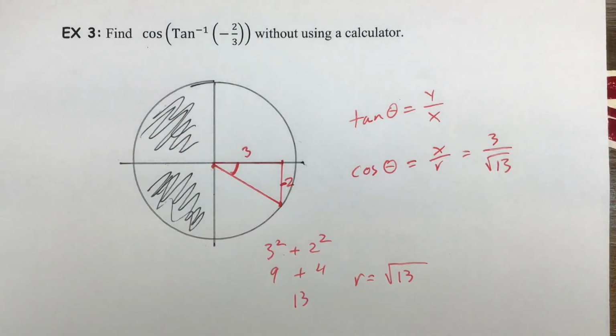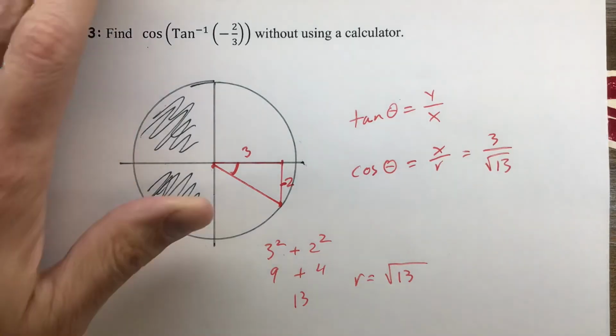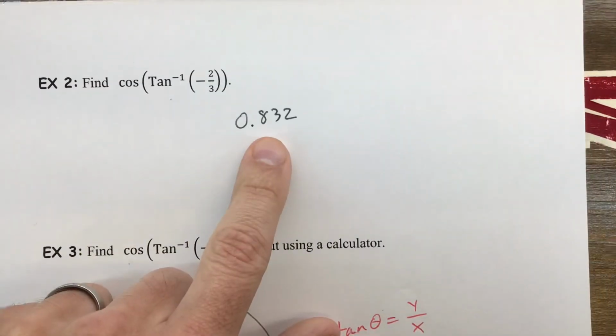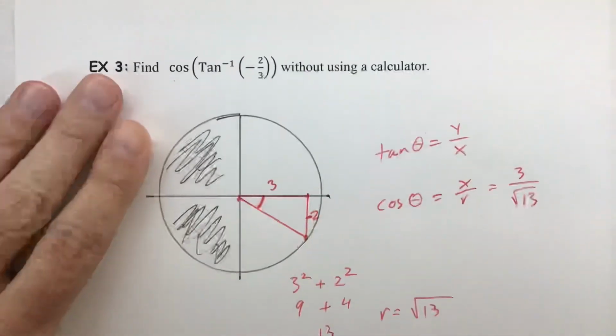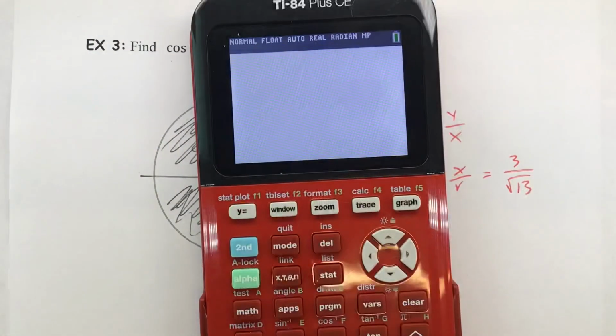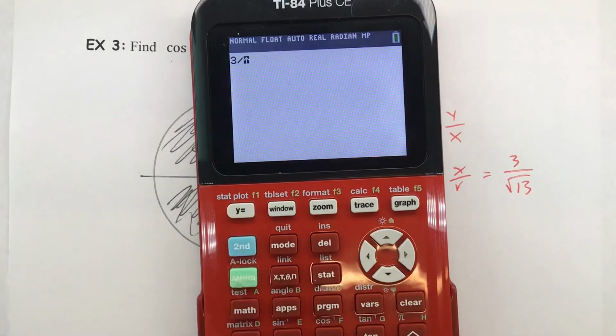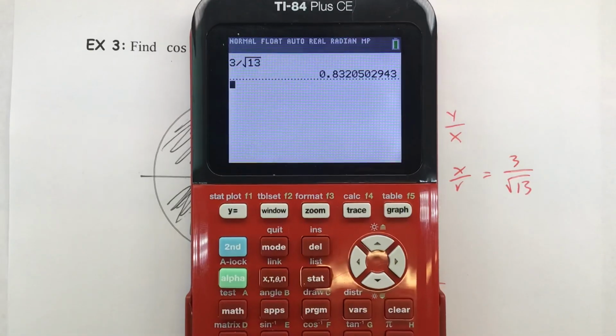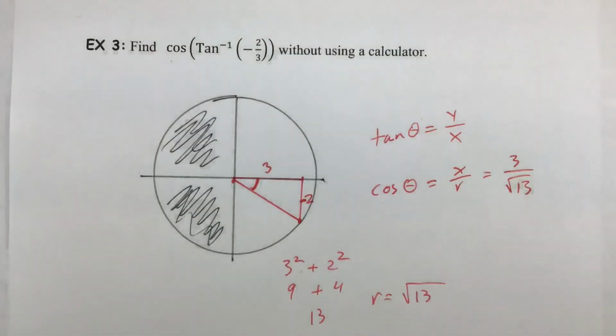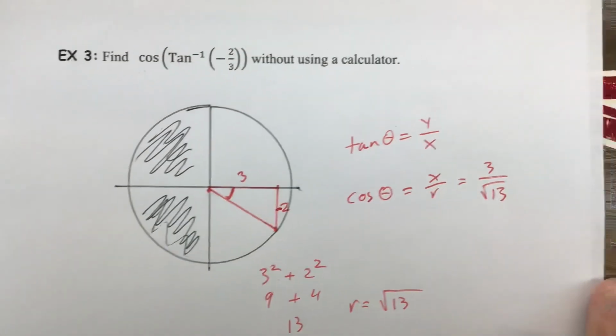Now, recall the calculator gave us 0.832. So let's type in 3 divided by the square root of 13 and see that we get the exact same answer. Now we don't like that answer because there's a radical in the bottom, so we're going to fix it up.